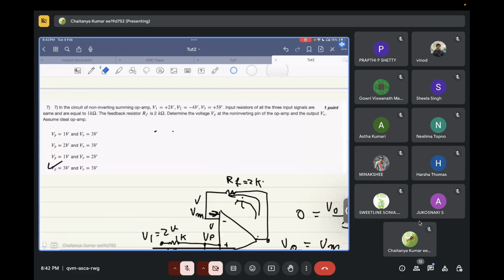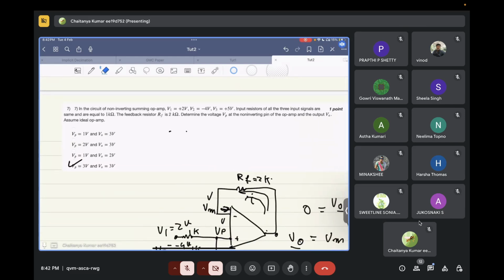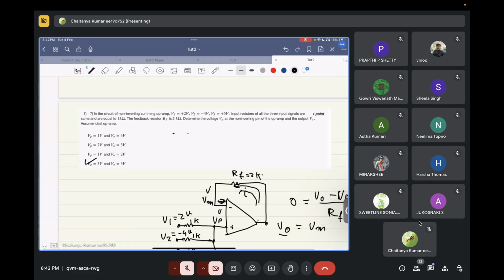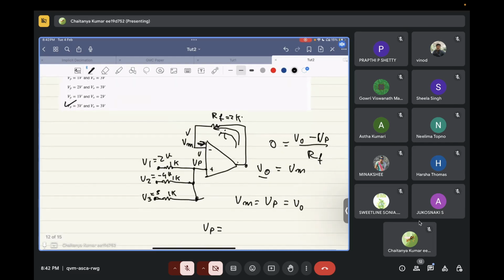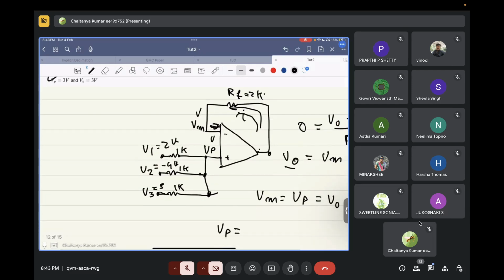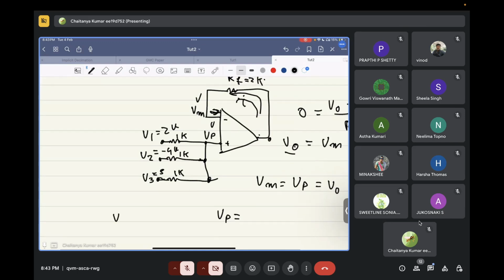So there is something missing in this question. The input resistors of all three input signals are the same and equal to 1 kilo ohm. Feedback resistor is 2 kilo ohm. So one thing that is missing is, just a minute. So it shouldn't be this thing. So basically, it should be.